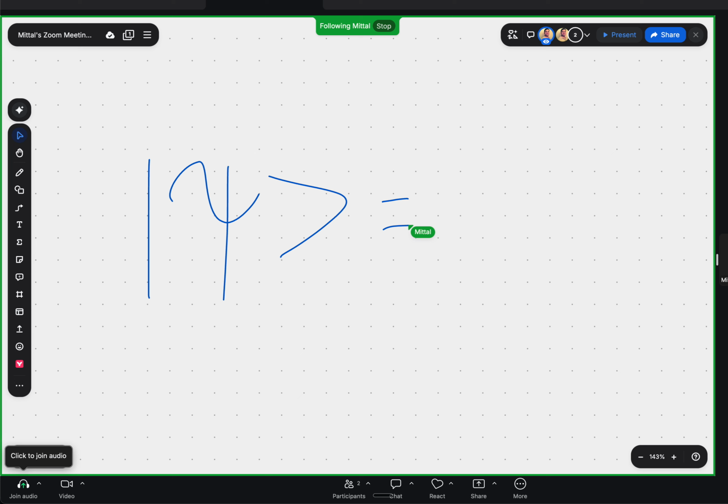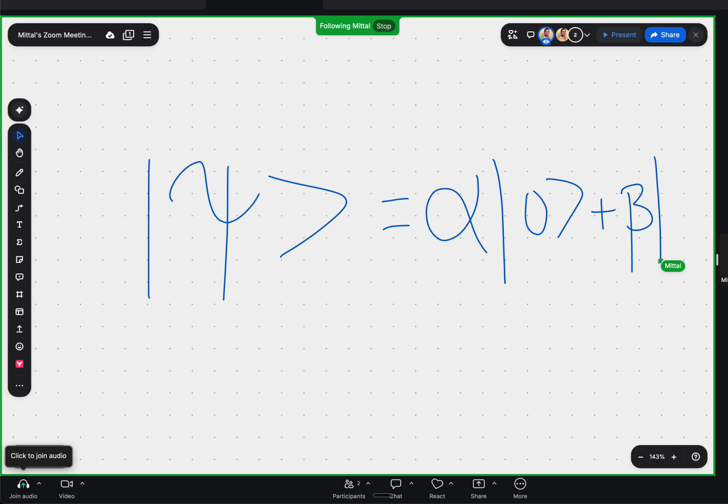And psi is going to be alpha of 0 plus beta of 1 vector. And alpha and beta here basically are, in a way, the probability, not exactly the probability. The probability is alpha squared. So the probability that we'll observe the 0 state is given by alpha squared.